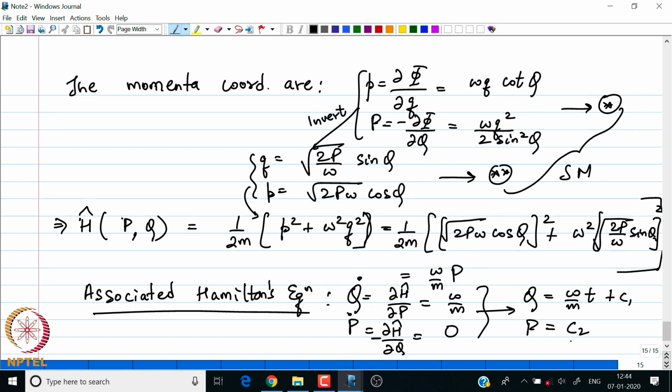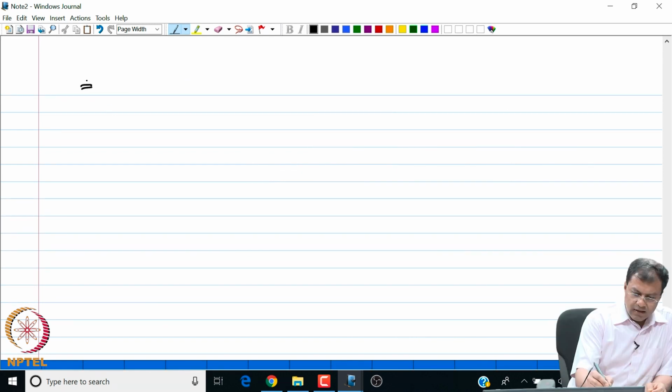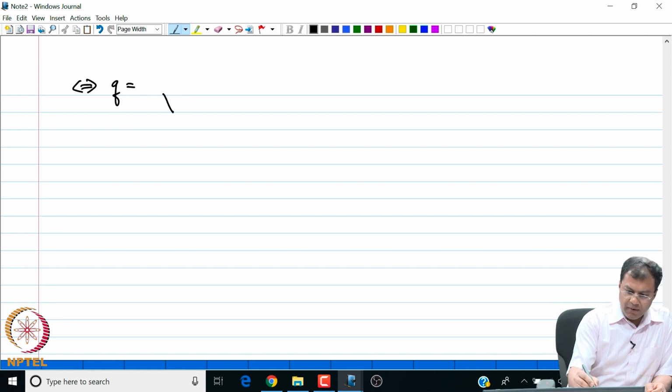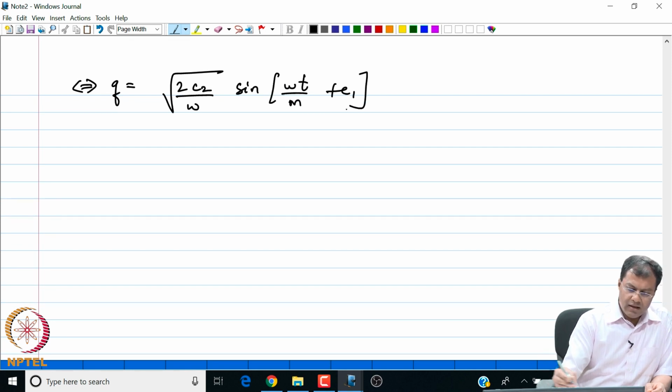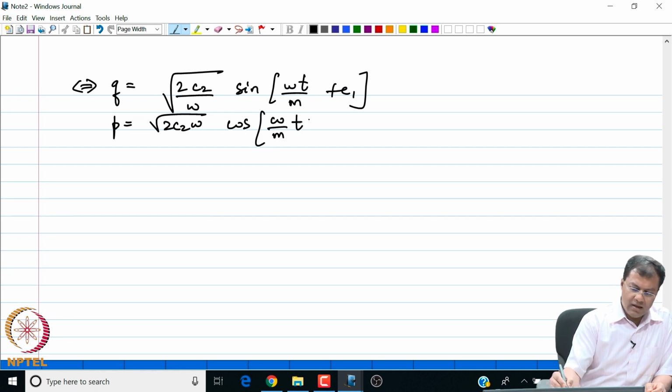Note that now I have found the solution to the Euler-Lagrange equation in the frame capital Q, capital P. So all I do is plug these variables into our expression double star to find small q and small p, and we get that small q, after plugging in all the expressions, is square root of 2C2 by omega times sine of omega t by m plus C1, and p is square root of 2C2 omega times cos of omega by m t plus C1.